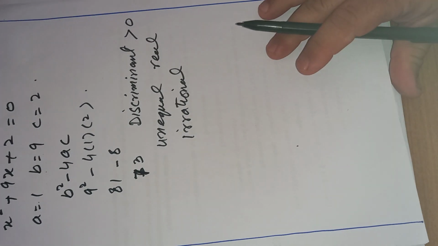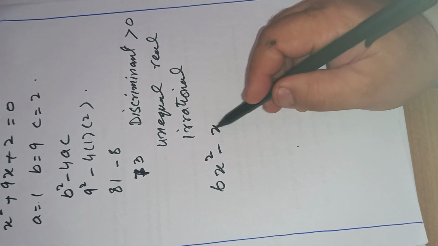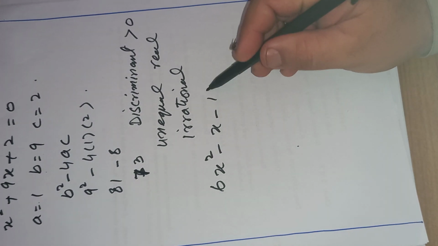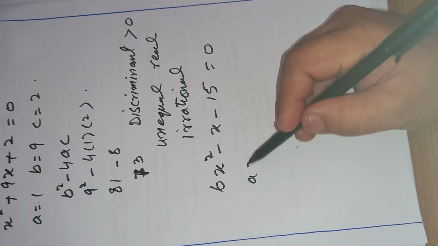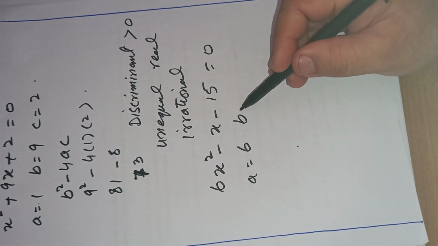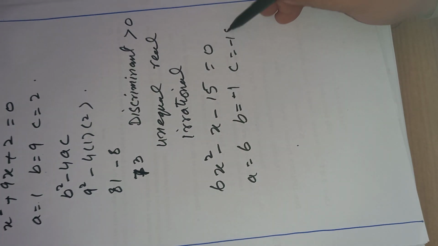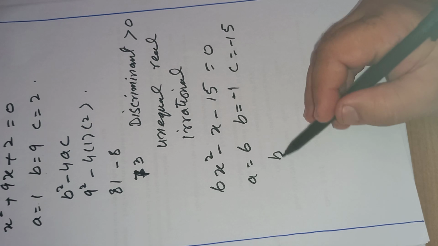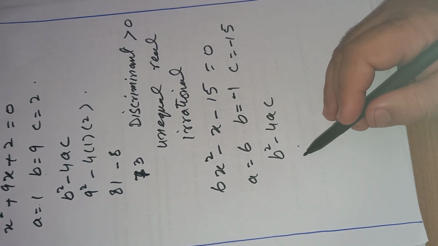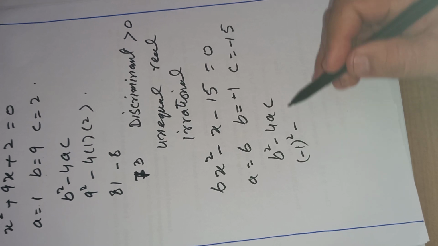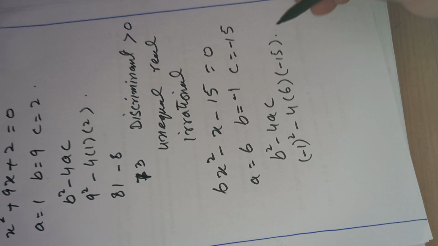Now the next equation is 6x square minus x minus 15 equal to 0, and a is 6 while b is minus 1 and c is minus 15. The discriminant is b square minus 4ac, inserting the value of minus 1 whole square, minus 4 into a into c, which is minus 15.